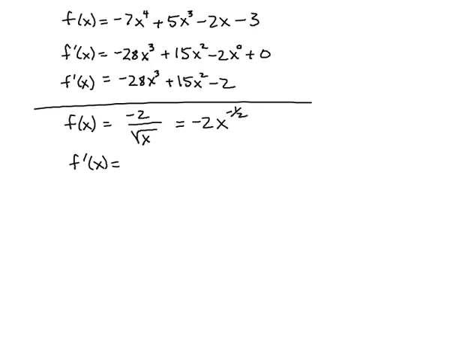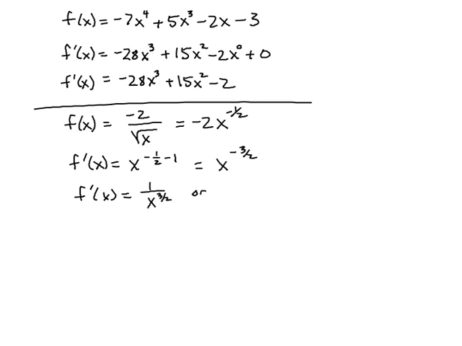And again, even on fractions, this rule works. Minus 2 times a minus 1/2 would be 1, and then I would subtract 1 from the exponent, which would leave me with x to the minus 3/2, or f prime of x is equal to 1 over x to the 3/2.